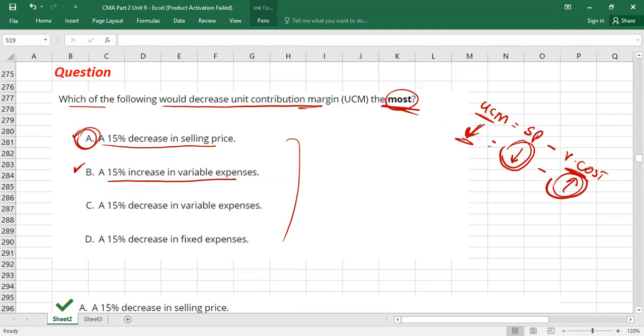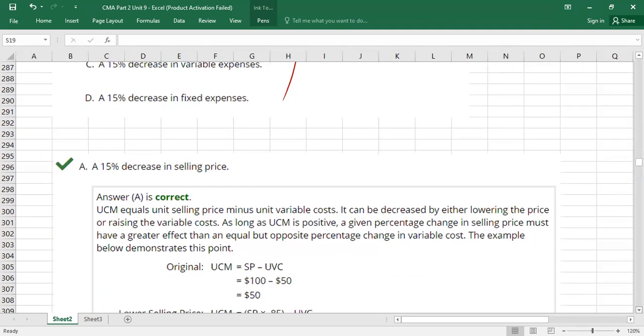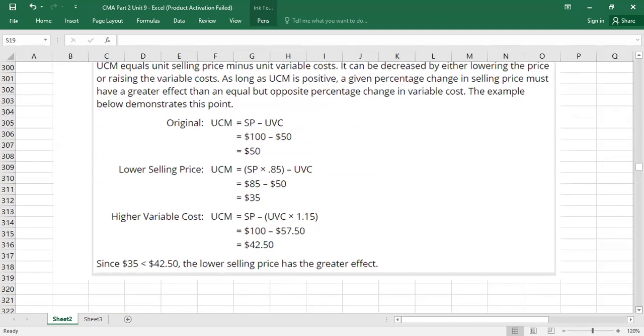Let's prove it. We can assume the data here. For example, this is our original assumed data. Unit contribution margin is equal to selling price minus variable cost. I'm assuming my selling price is 100 and variable cost is 50. So my unit contribution margin is 50. Now let's decrease first. There are two possibilities: I'll reduce the selling price, or I'll increase the variable cost.